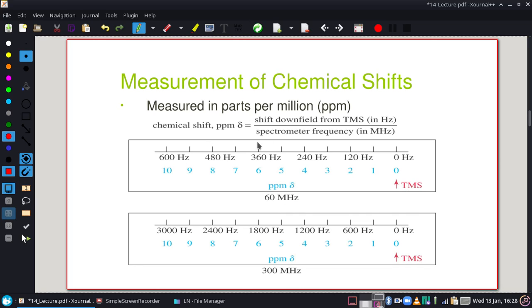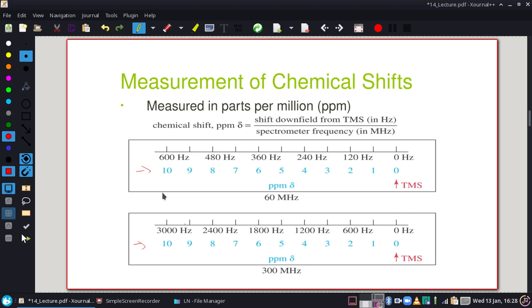So we get this difference by taking 600 divided by 60. In a larger magnet like a 300 megahertz, the scale goes up. But this thing we call chemical shift, which is just a division of these two numbers, gives us the exact same scale every single time, in the sense that TMS is always 0, and anything higher has a very predictable location on that ppm scale, or chemical shift scale.